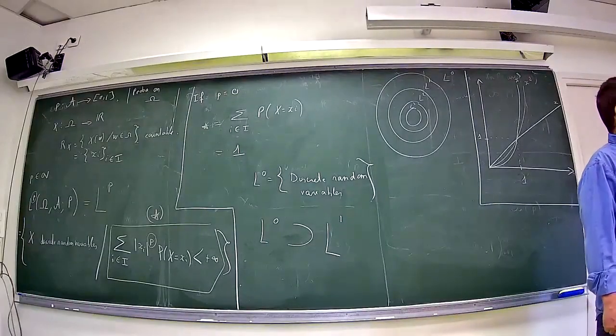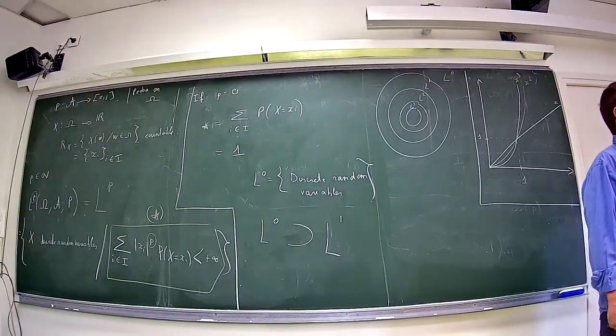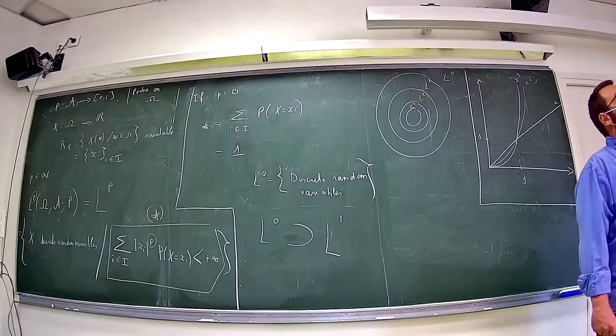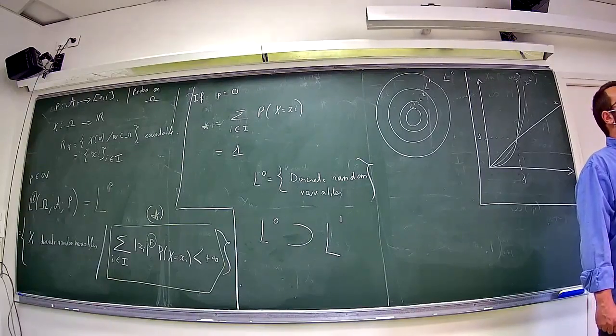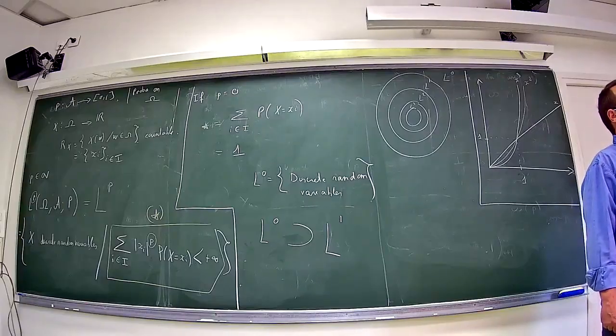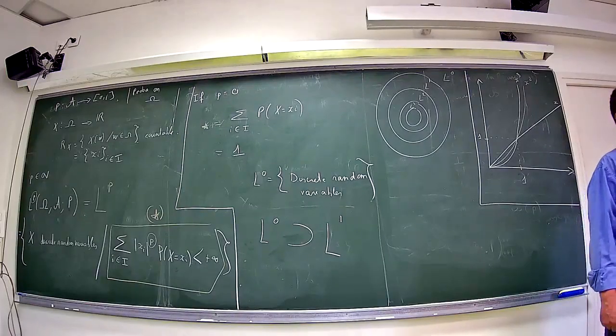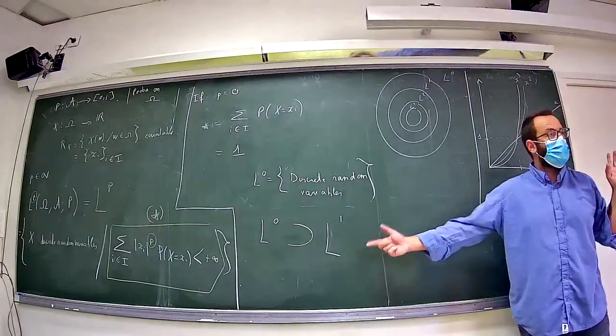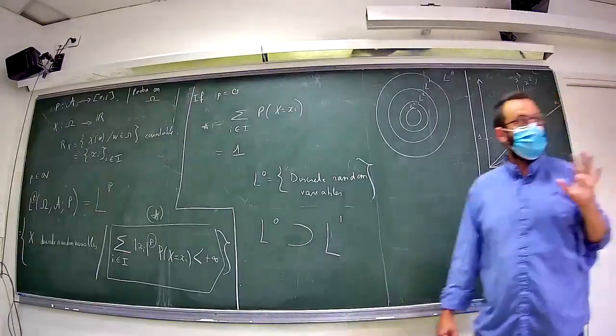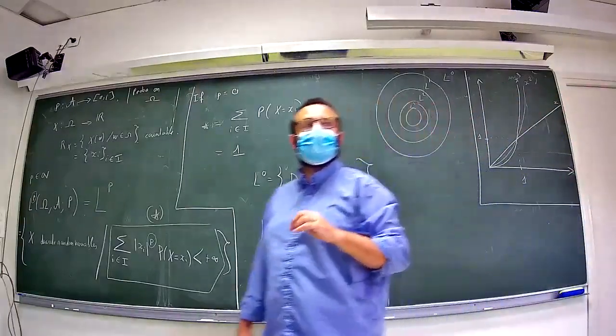L1 is just the set of the discrete random variables fulfilling a particular condition, the sum is finite. L0 is the set of all the discrete random variables. So necessarily L1 is included in L0, because in L1 you have discrete random variables, maybe not all of them, so I don't have an equality a priori, but just an inclusion. Okay? What is not clear?